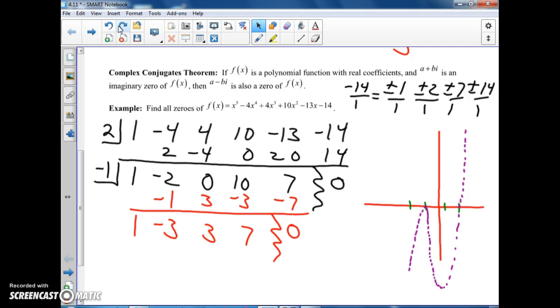Okay, so here comes the thing now that you've got to understand. This is something new. Yes, it hits 2, and yes, it hits -1, but it hits -1 going up, and then it also hits -1 going down.